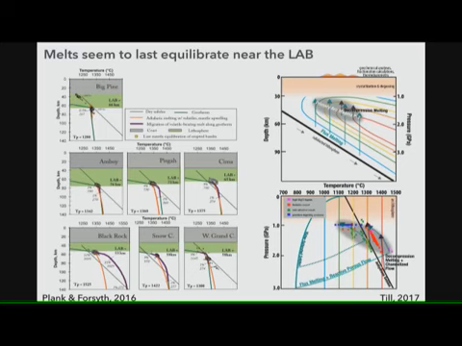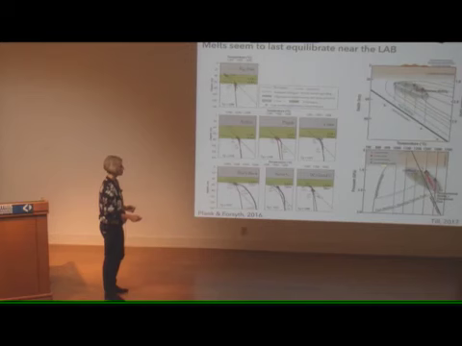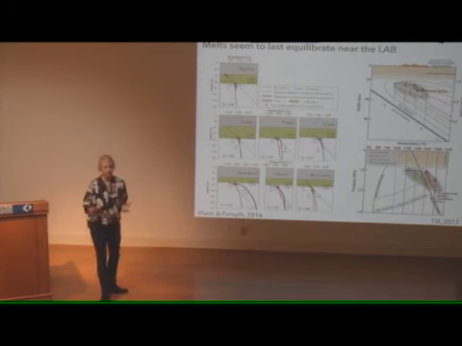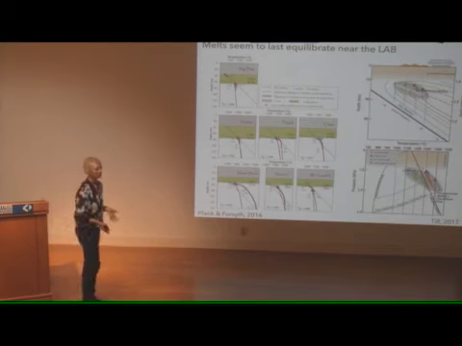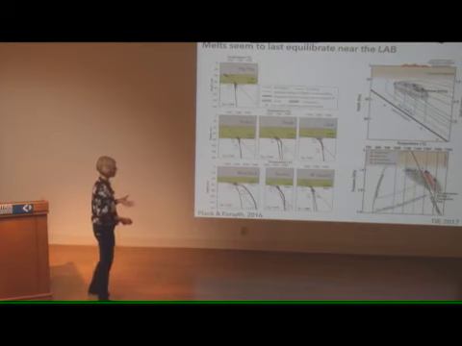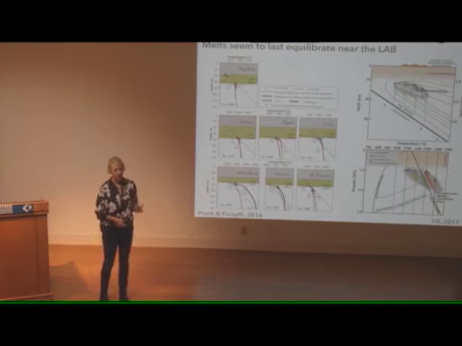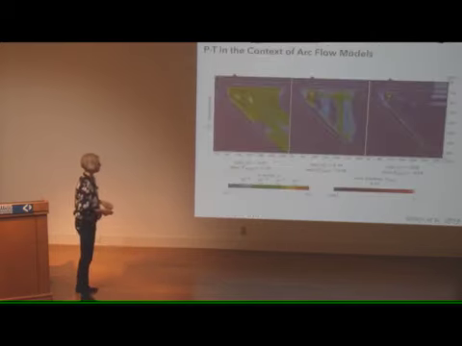And we can do this in arcs as well and see that all these different types reconstruct to depths right below the lithosphere-asthenosphere boundary. So all of them are showing this evidence of that thermal and chemical re-equilibration as they rise through the hot core of the wedge. And so we can't escape the effects of that prior to their eruption.